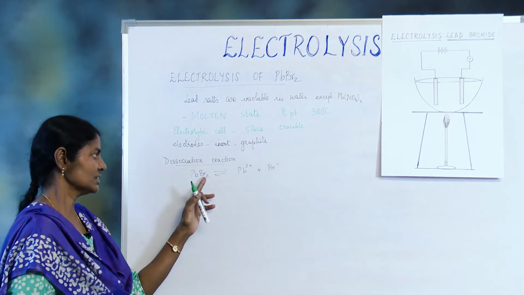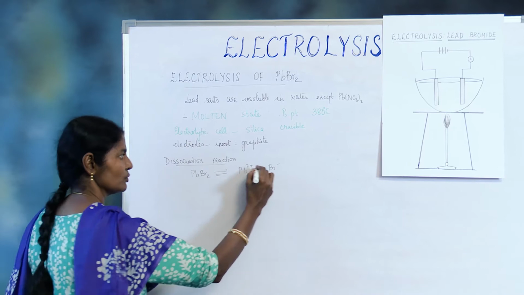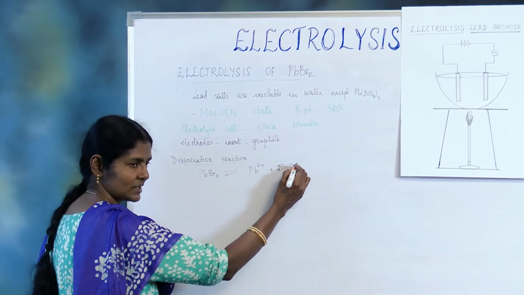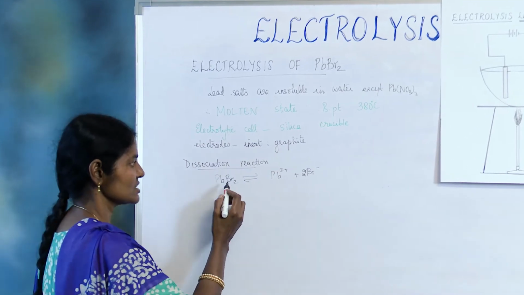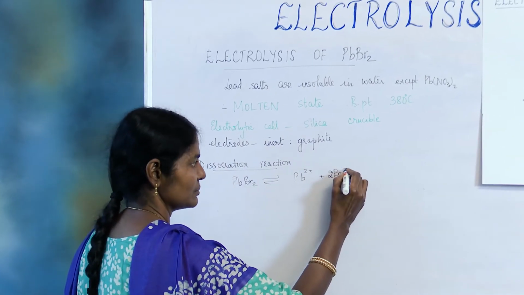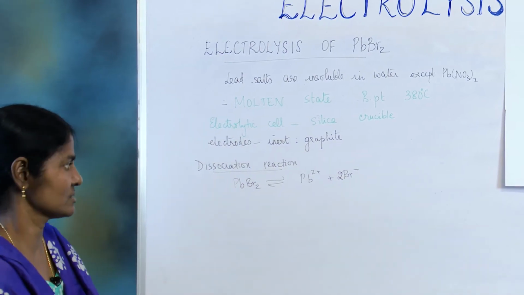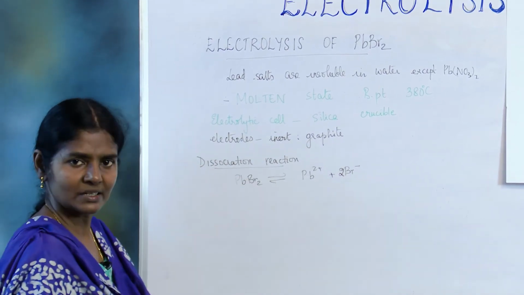Now here there are two atoms, therefore we write 2 here. We will not write 2 minus, but because it's monovalent, it can be written as Br minus, and 2 atoms of bromide. Okay, that is the dissociation reaction.